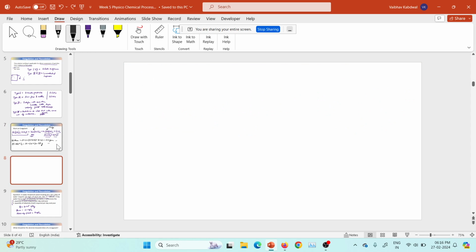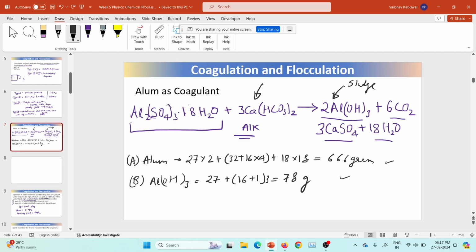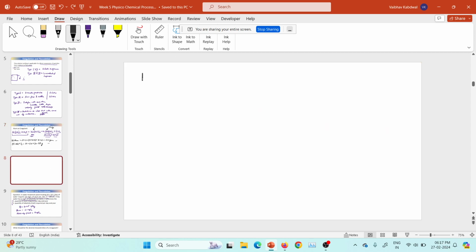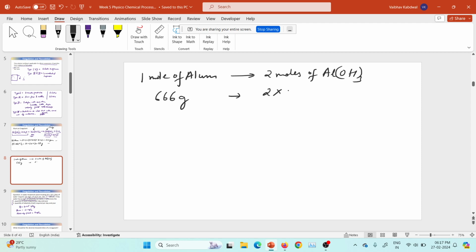Let's not write like this. We'll write 1 mole of alum will produce 2 moles of sludge. 1 mole of alum forms 2 moles of AlOH3. So 1 mole of alum means 666 grams, and 2 moles of AlOH3 will be 2 into 78.